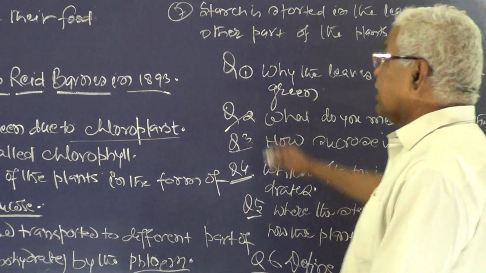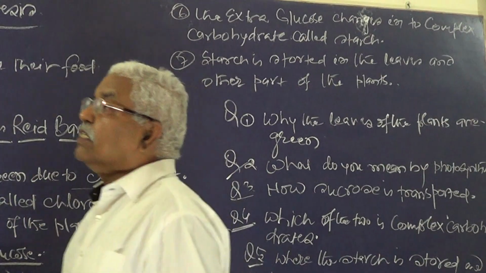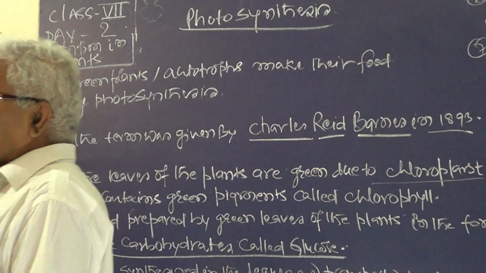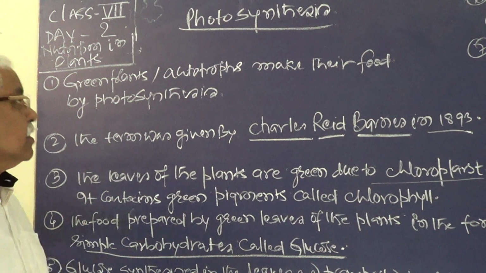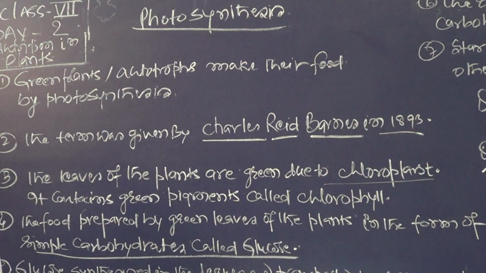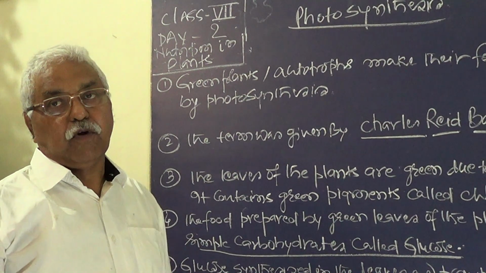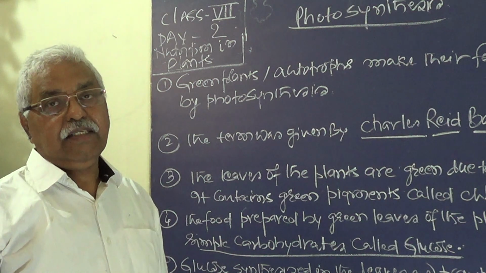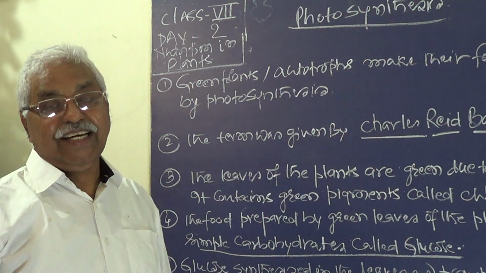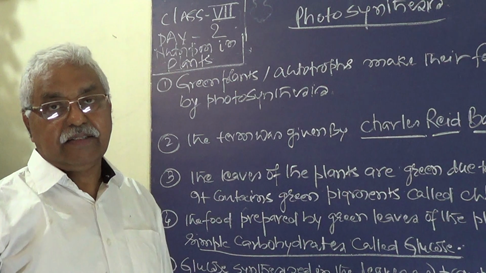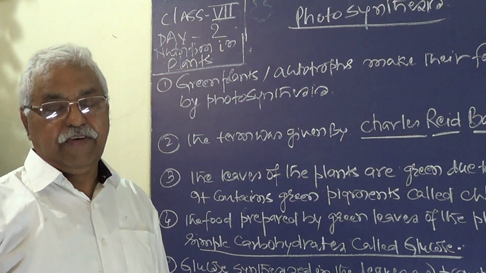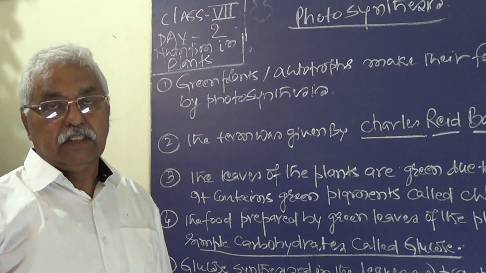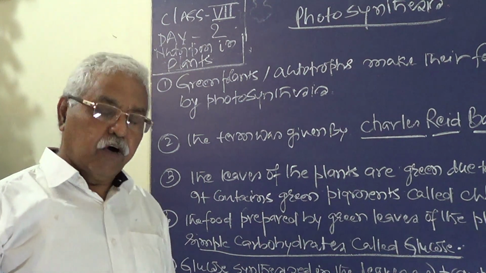The plants prepare their food using carbon dioxide and water in the presence of sunlight and chlorophyll. This process is known as photosynthesis.